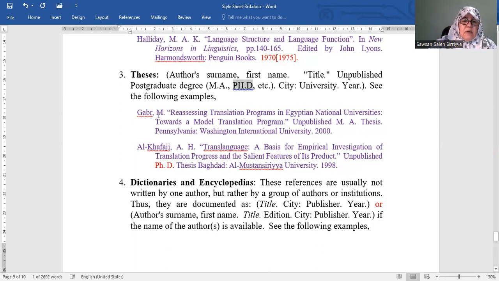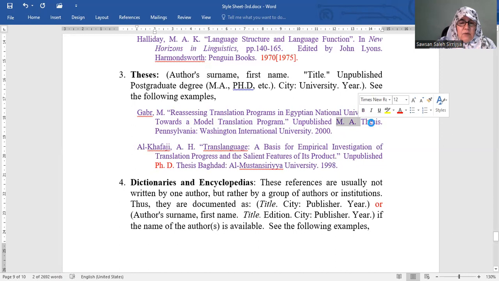Look, this is Gabor M., Renaissance Translation Programs, etc. Sorry, reassessing. This is the title of the thesis. Okay? Full stop. Unpublished, because it's unpublished. If it is a thesis, it's unpublished. If it is published, it becomes a book. Then I decide whether it is MA or PhD.